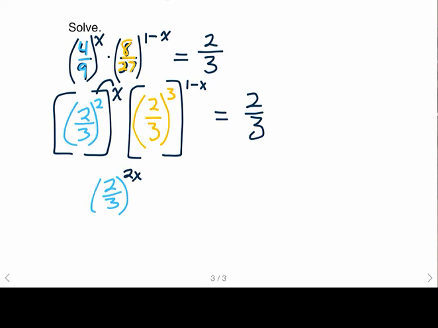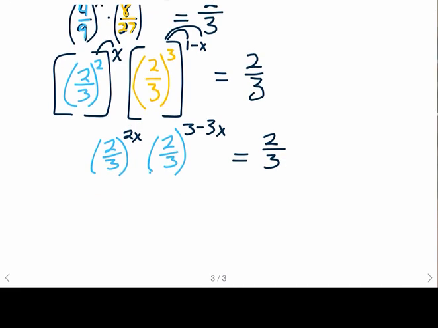For the 2/3 cubed to the 1 minus x, we are going to distribute, because that 1 minus x is a binomial. We end up with 2/3 to the 3 minus 3x once we distribute that exponent. And that equals the right-hand side, 2/3.